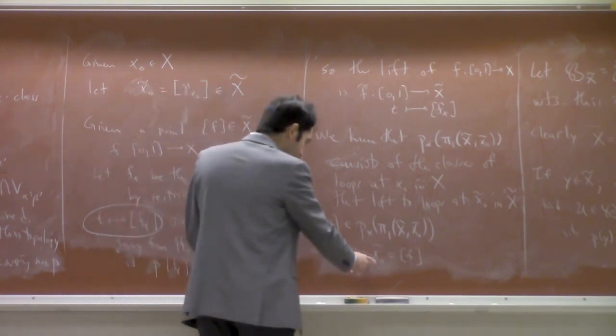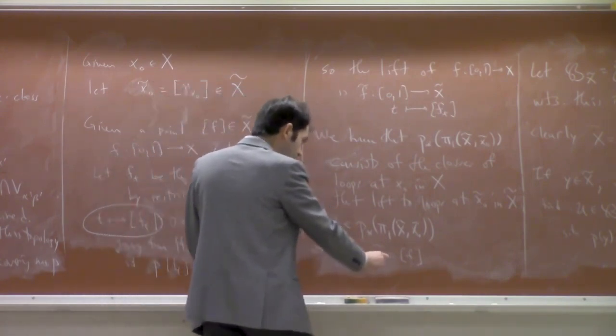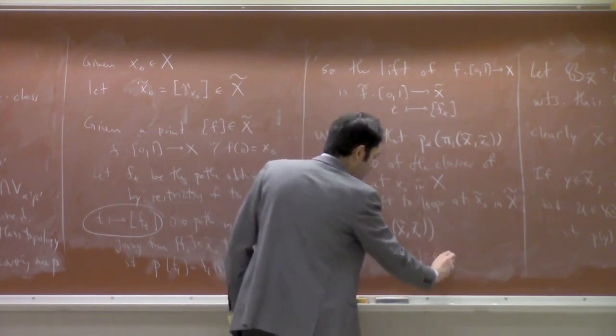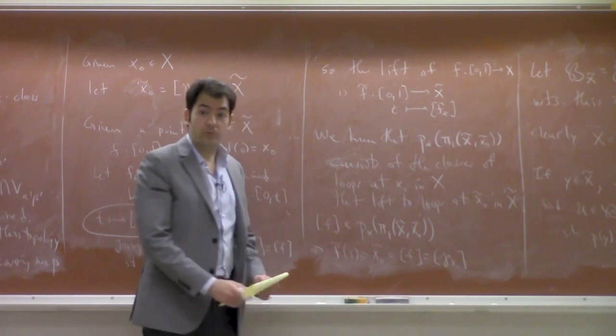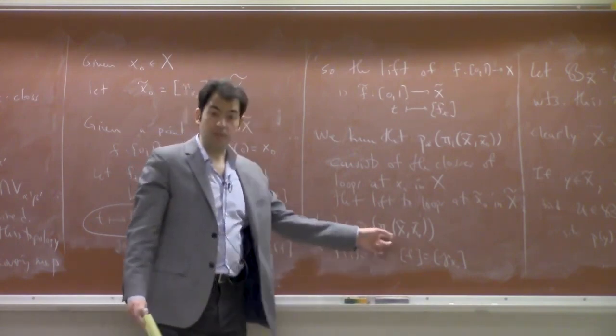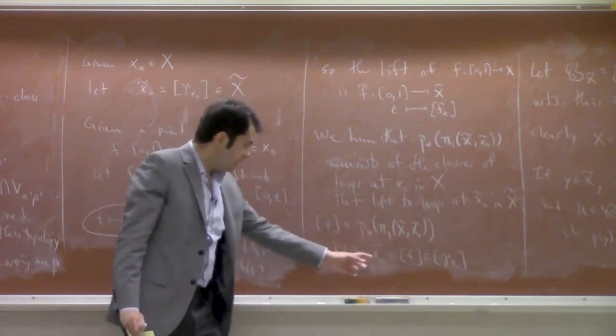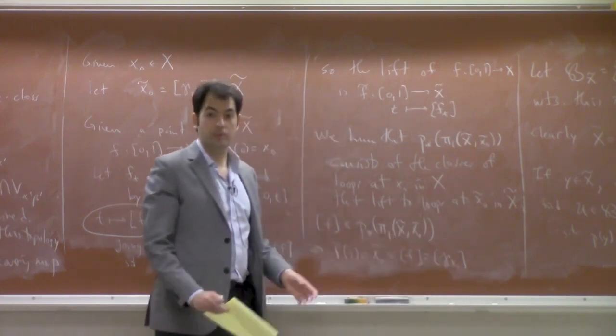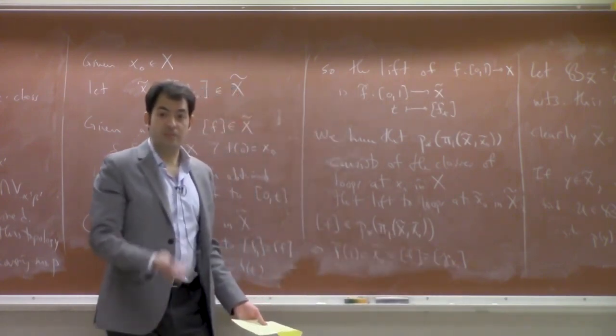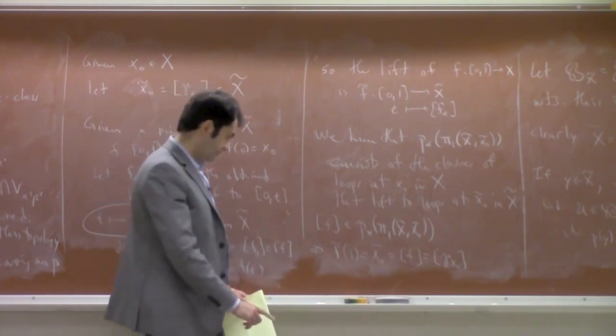And X naught tilde is the class of the constant loop. So we see that if you're in the image, then you are path homotopy equivalent to the constant loop. And that's exactly what it means to be the 0 element.